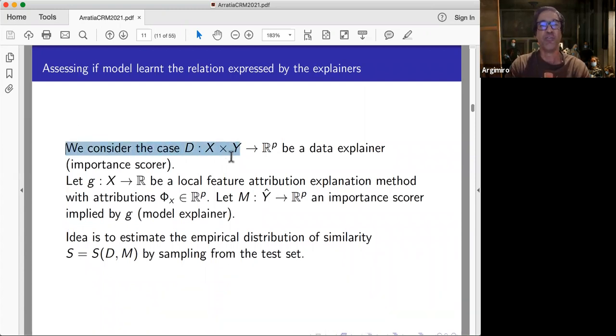If we have the data explainer, and from some local feature attribution, like Shapley or LIME, I construct my model explainer, then what I'm going to estimate is the empirical distribution of the similarity by sampling in my test set. This is done through the following procedure.